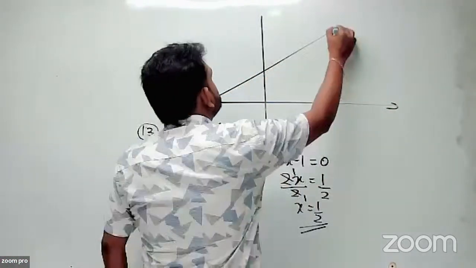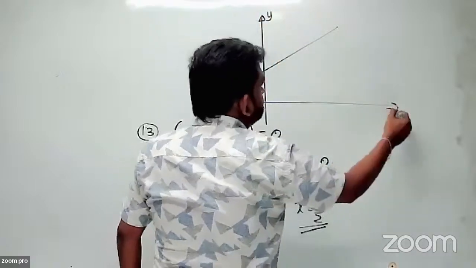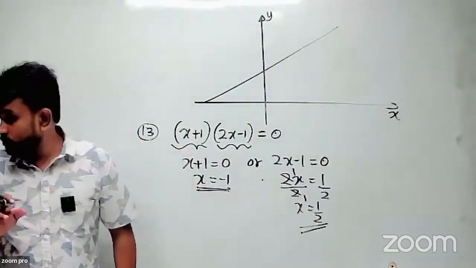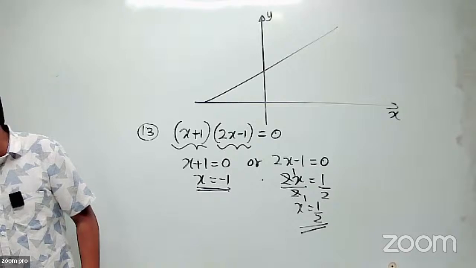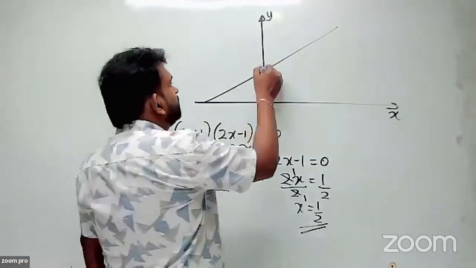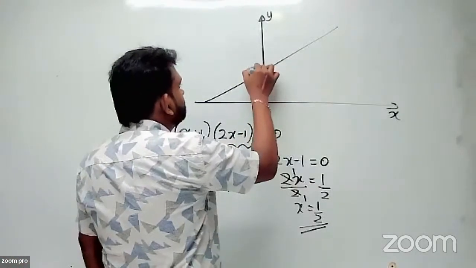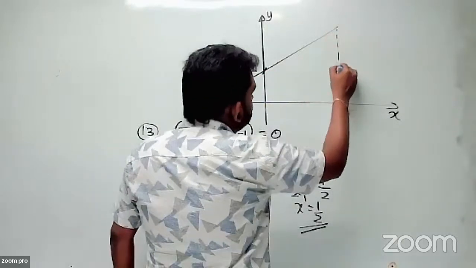So this is the straight line segment, y and x. Okay, now see the 2 points given, 1 and 2, 5, right? Here 1 and here 2, 5.